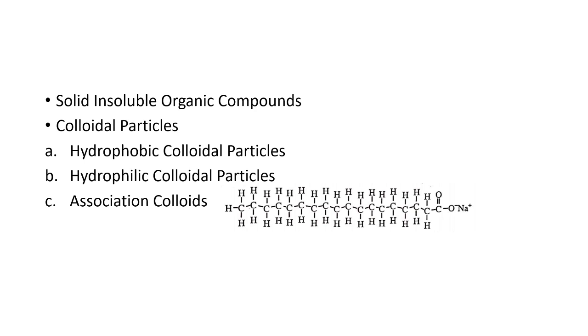Soap has a structure in which one end is a long chain hydrocarbon termed the hydrophobic tail, the same thing I explained. These form the micelle, which is called an association colloid. And the last point is the bathtub ring. This is the last type of interaction with other phases.